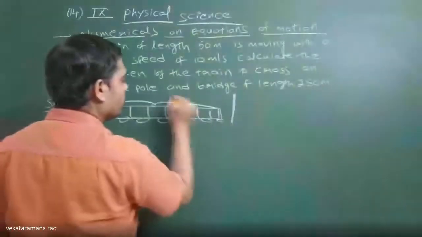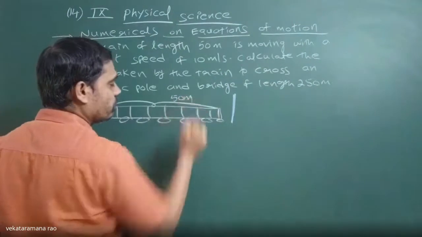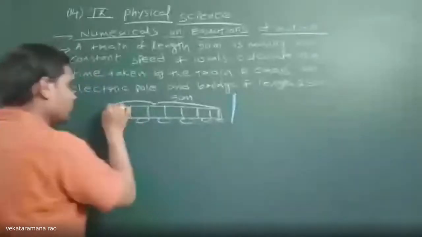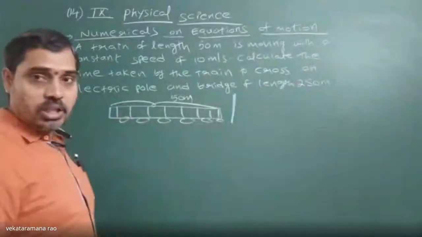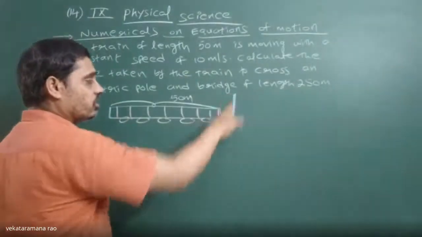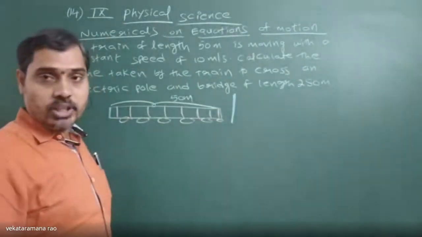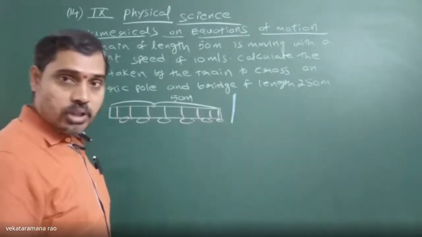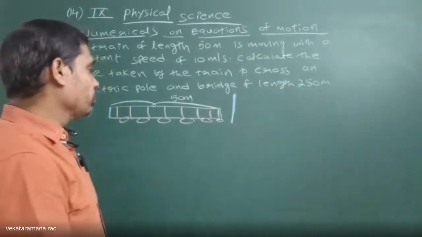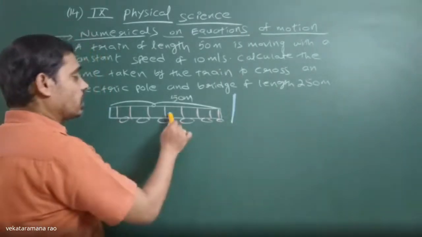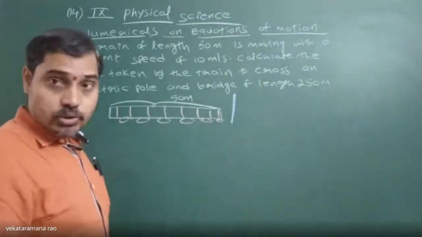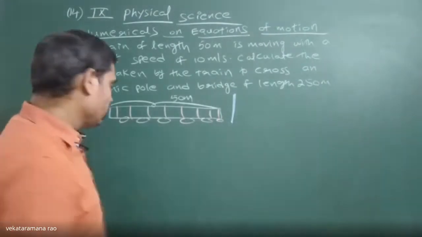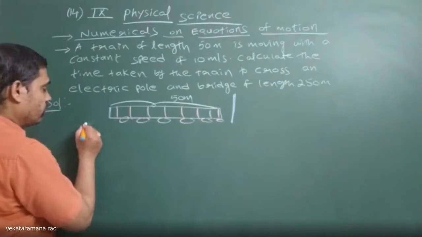When the last wagon of the train crosses this pole, we can say that the total train has crossed the pole. That means the total distance traveled by the train is equal to the length of the train.